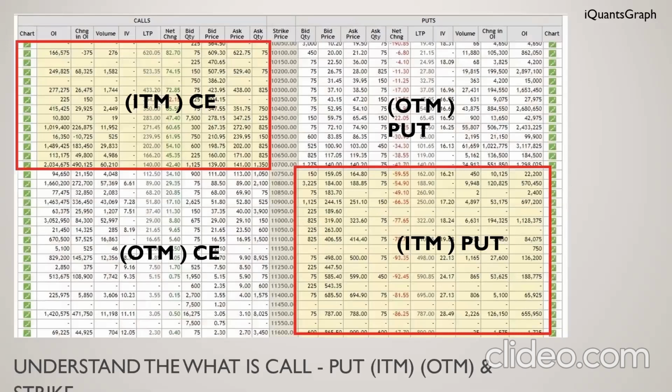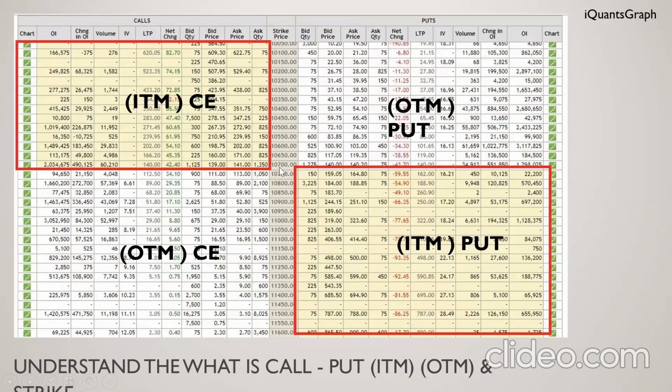Let's get into a basic understanding of options: what is an in the money call, what is an out of the money call, what is an out of the money put, and what is an in the money put. This is the structure of the NSE site. When you go to the option chain, assuming the stock is trading at 10,700, this becomes your in the money call, and this is called the out of the money call.